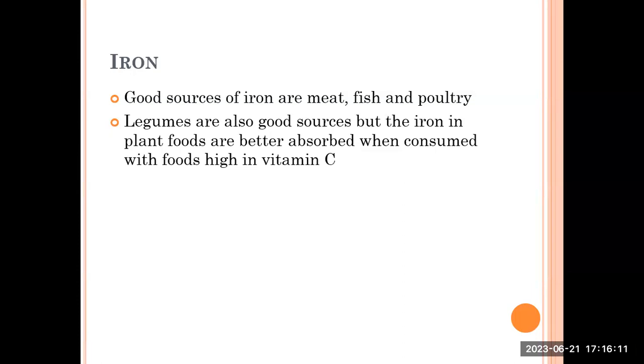So leguminous and other vegetables contain some iron, but like I said, non-heme iron. And then certain foods, calcium in milk and other calcium providing foods, and phytates and so on, tend to block the absorption of iron. So it's very important that you minimize the intake of these foods when you want to improve upon the iron intake of the pregnant woman.